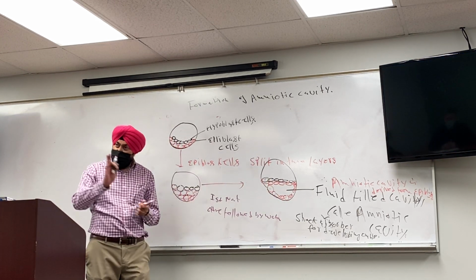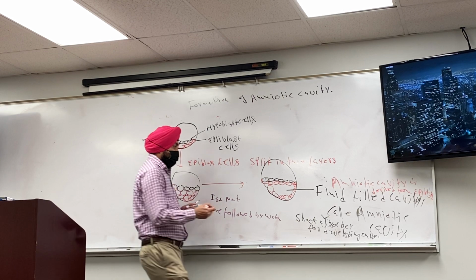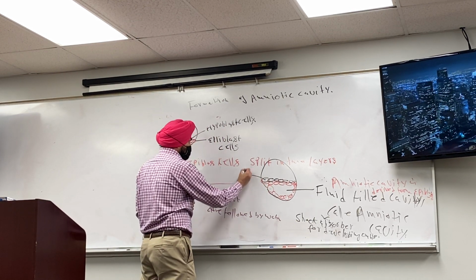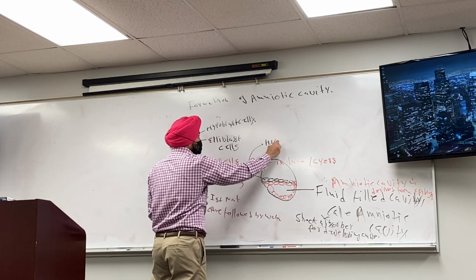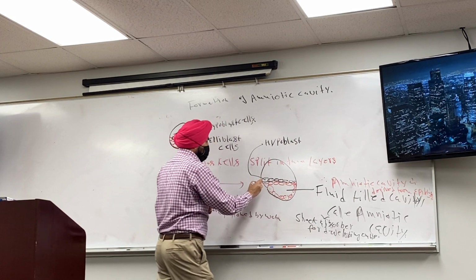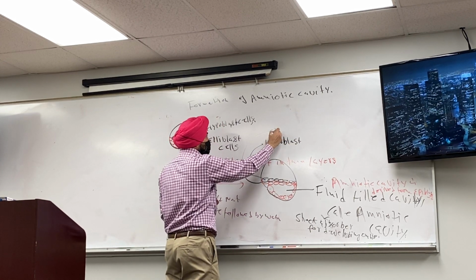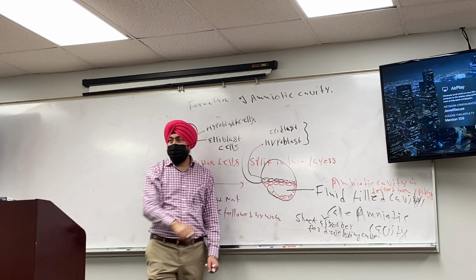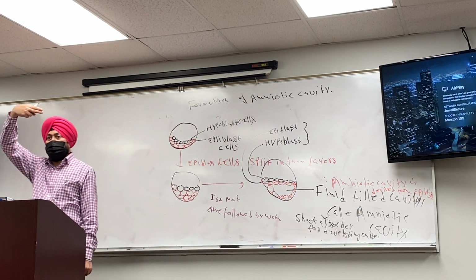Now, what do we have now? This is hypoblast, and this is epiblast. We have two layers of cells, right?